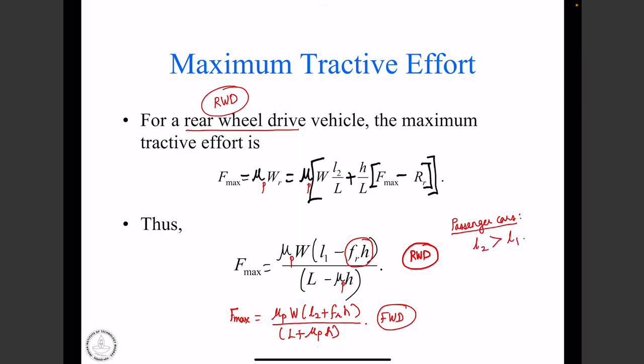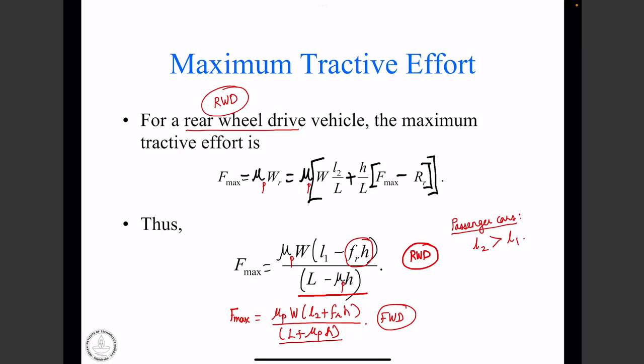Of course, please note that if you look at the denominator of these two formulae, we have L minus mu p h in the rear wheel drive formula and L plus mu p h in the front wheel drive formula. Having L minus mu p h in the rear wheel drive formula helps, because that sort of increases the number.